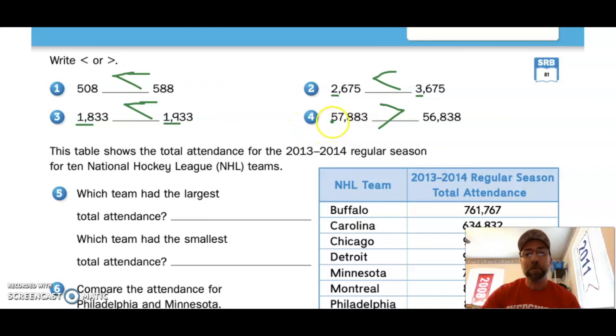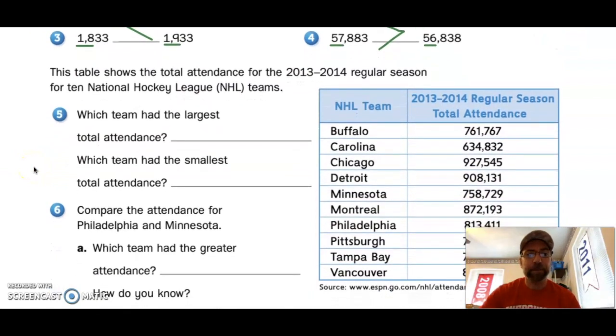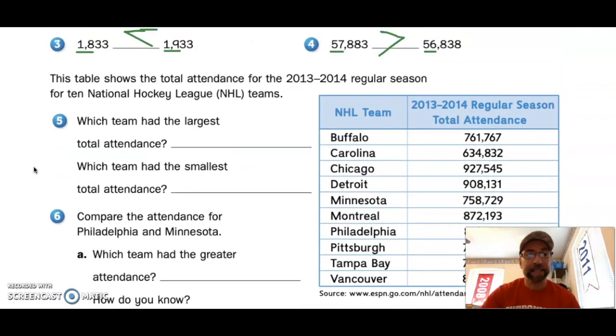And for number 4, 57,883 is greater than 56,838. Awesome job. Let's move on to numbers 5 and 6.